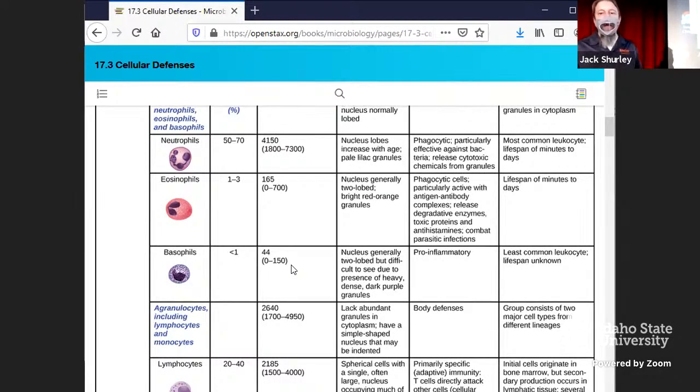Very low levels. Their granules are very deep staining, dark blue or purple granules, and there are a lot of them. This is a nice little cartoon picture of it, but oftentimes the granules are so prominent that it almost completely clouds over the nucleus.